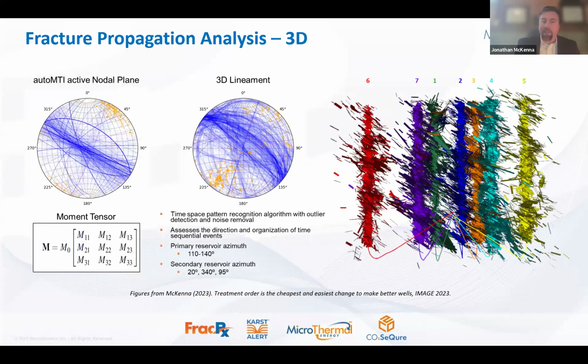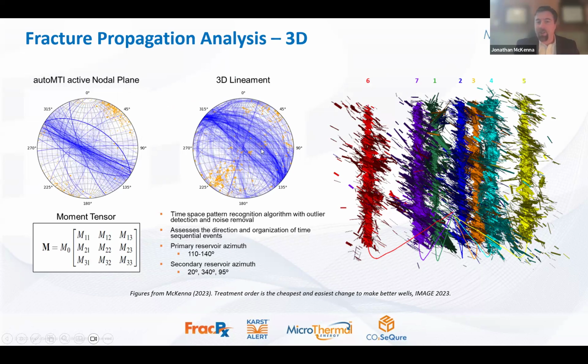And it's important to note that these 3D lineaments and the actual nodal planes can be quite complicated, as opposed to that previous example where they're primarily just going in one direction. This is showing fractures occurring in the Denver-Julesburg area, where we have fractures in all sorts of different directions.